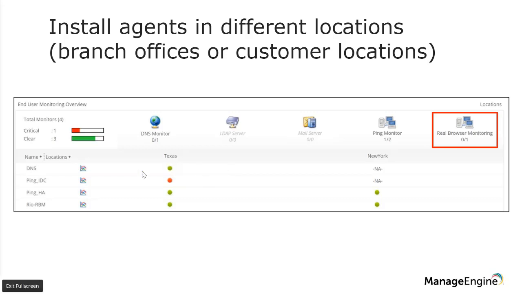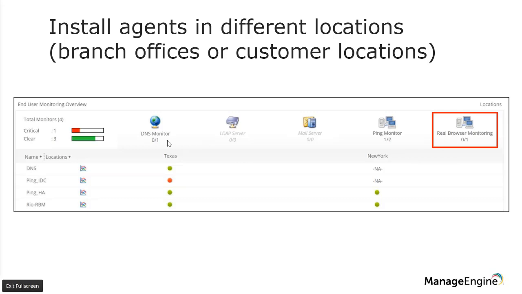I think this part right here should help us understand better. Like, this agent is working alongside the DNS monitor, while this one is with the ping monitor. So this is about collecting metrics from different agents. However, you may notice that the real browser monitoring option is highlighted here. Now there is a specific reason for that.